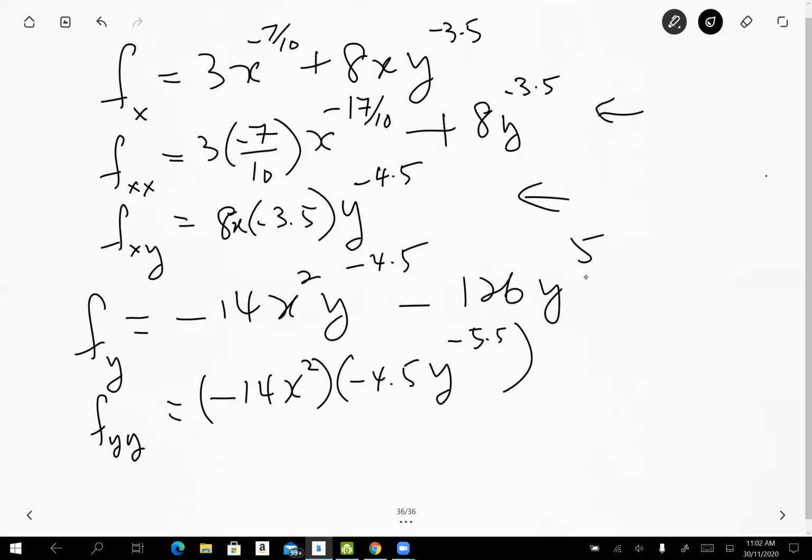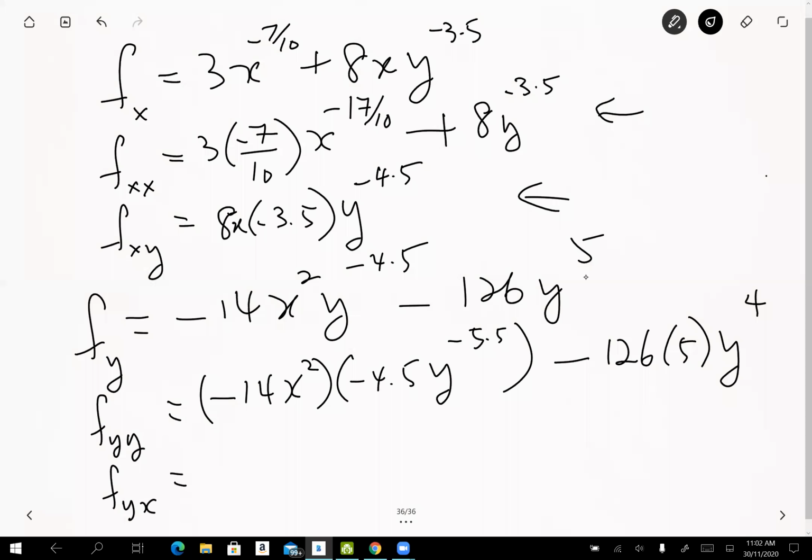You can multiply negative 14 and negative 4.5, that becomes positive. Then here you have 126 multiplied by 5, y to the power of 4. If you made a mistake, check again, to make sure we take care of the mistake.